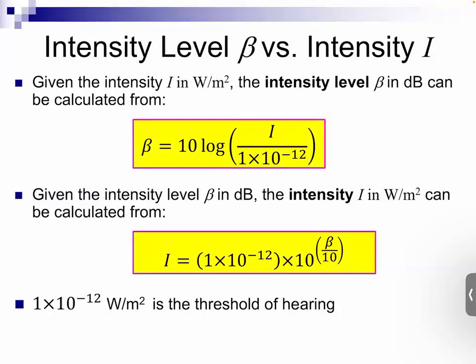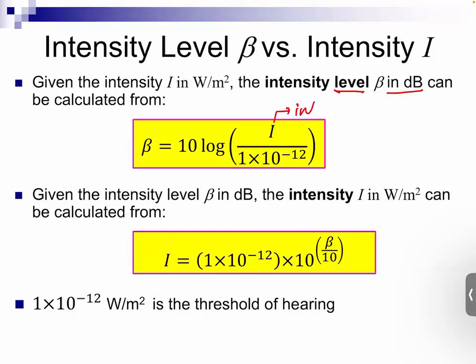Of course, they're convertible. You can convert intensities to intensity levels. Given intensities in watts per meter squared, you can convert that to intensity level in decibels via the logarithmic function given here. That's beta equals 10 log of I over I zero, where I is intensity and beta is intensity level.